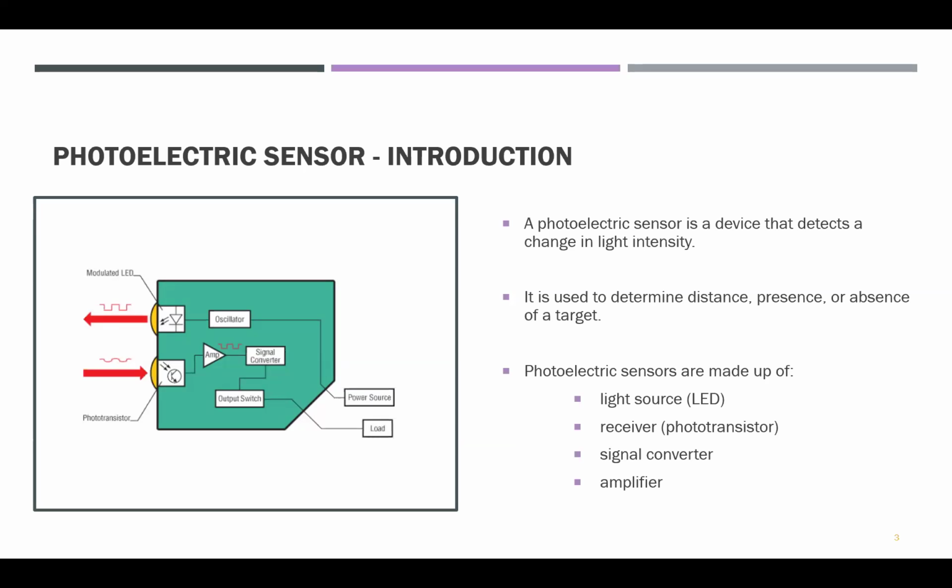Now, what are the components in a photoelectric sensor? The first and most important is, of course, the light source or the emitter that emits the light pulse, then the receiver, and signal converter and amplifier. The signal converter is basically to change the light output to analog or digital.